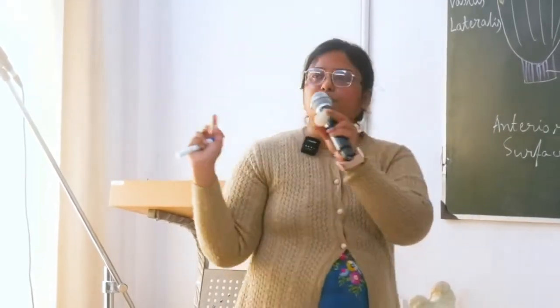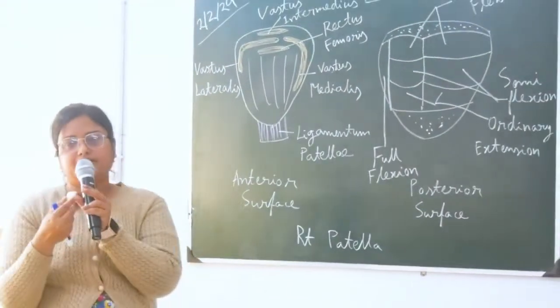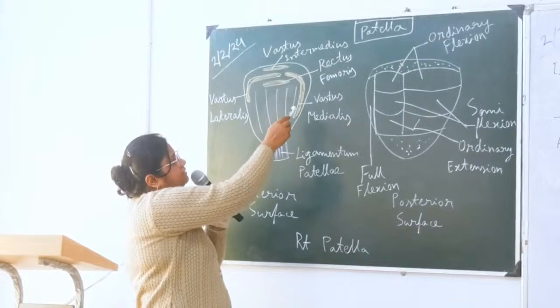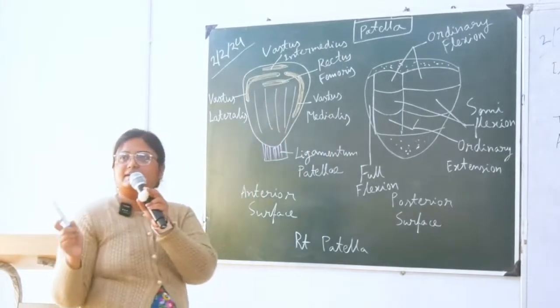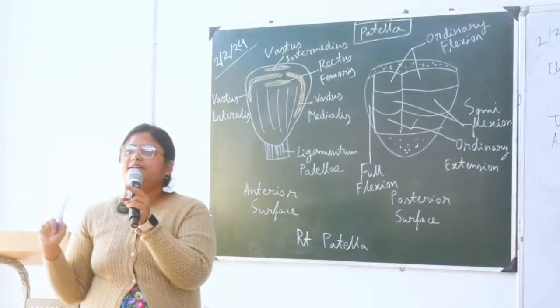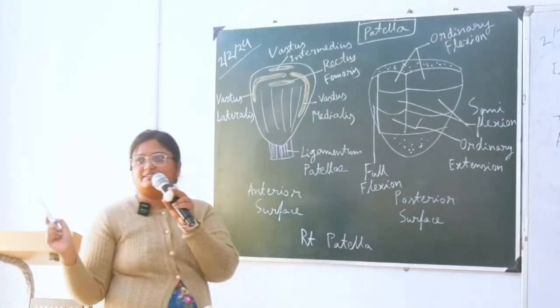Next, the attachment of the base is covered. Now we go to the 2 borders, medial border and lateral border. In the medial border, in the upper 2/3 there is attachment of the vastus medialis, and in the lower 1/3 the medial patellar retinaculum, which is an extension of the vastus medialis.